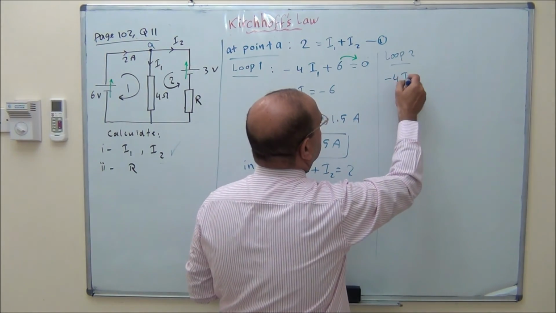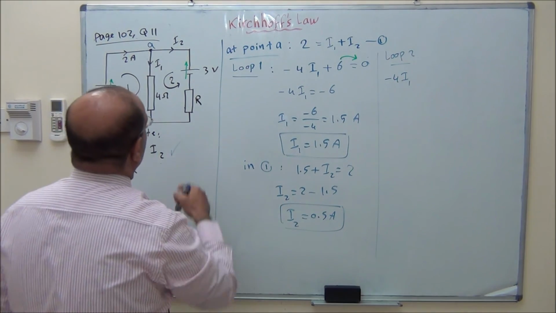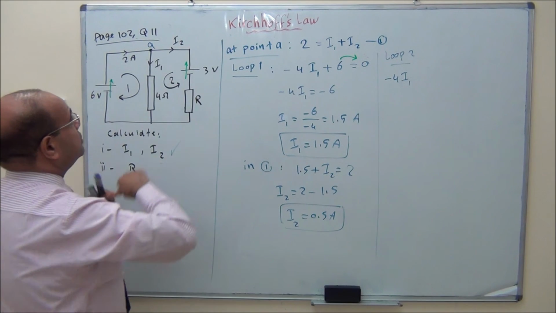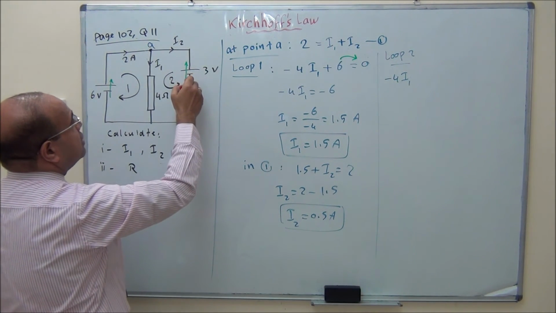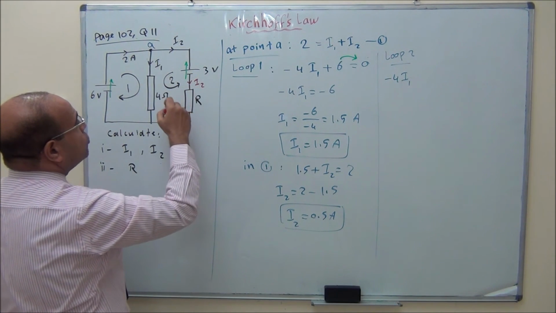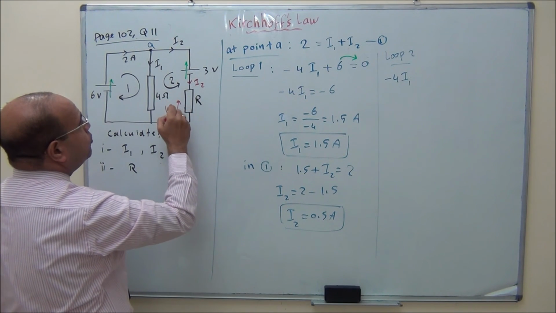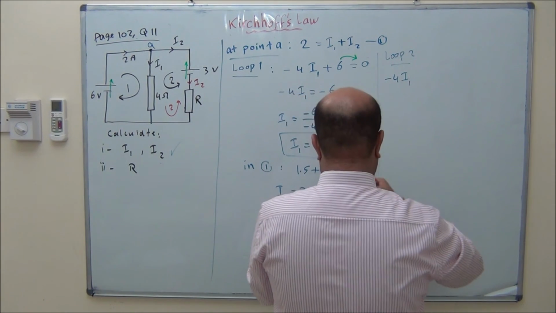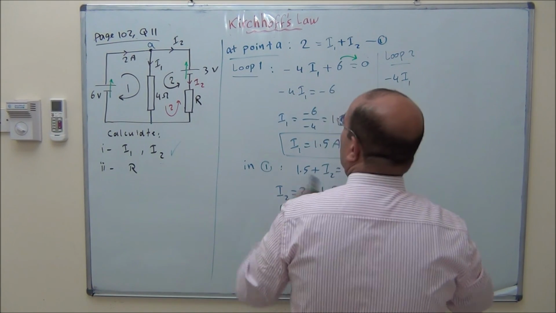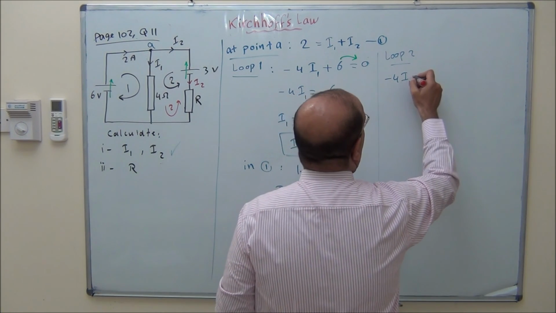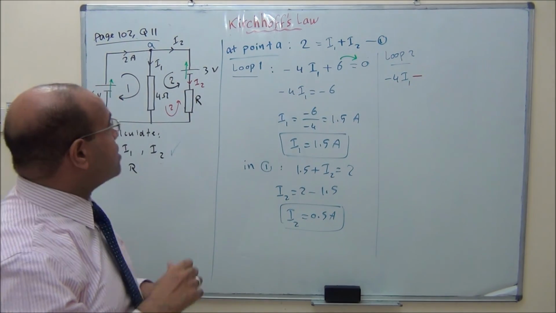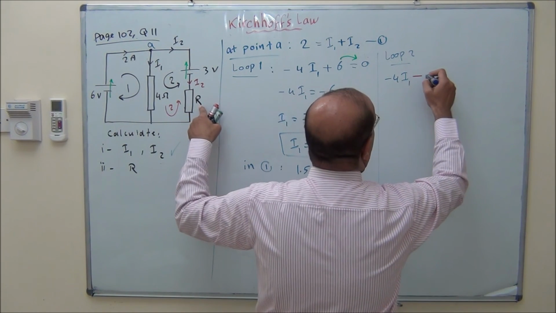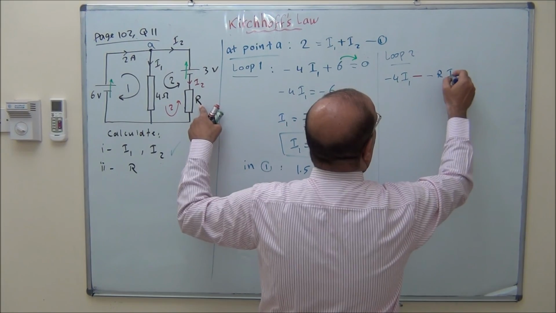Now, what about this resistor? Take care, because the current here is I2, and it is opposite to our loop. So take care of this. Because it has the opposite direction, we add a negative. And then inside the resistor, it's R I2.